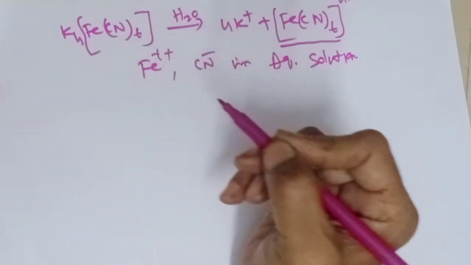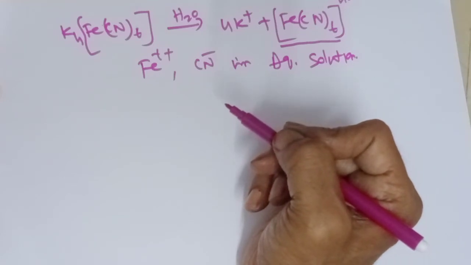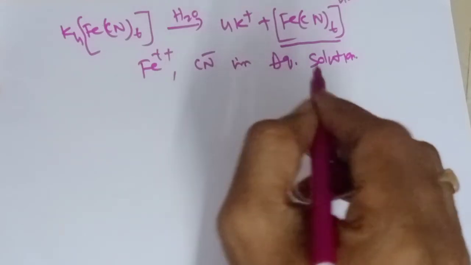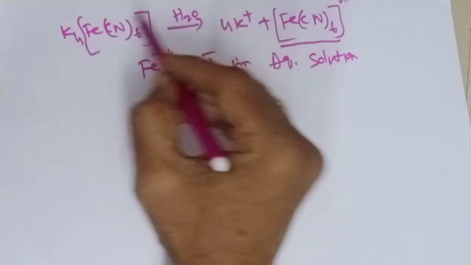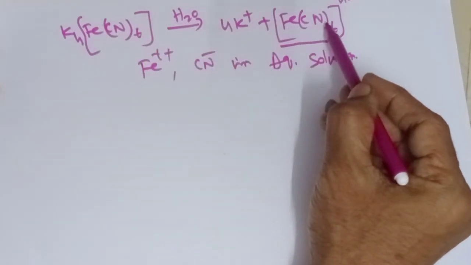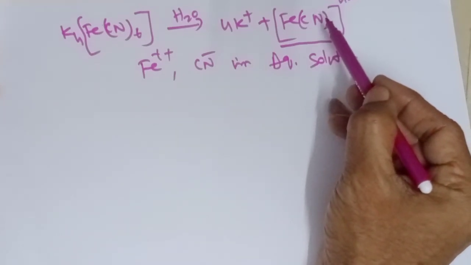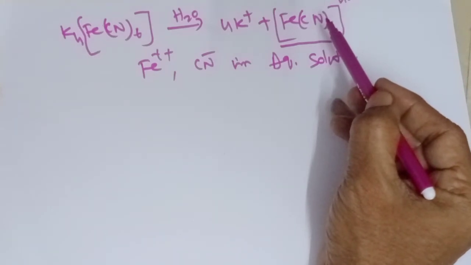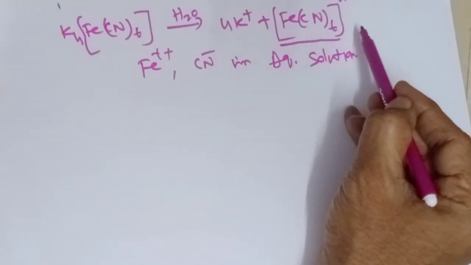Whenever you are supposed to know the difference between double salt and complex: complex exists in solid state as well as in aqueous solution, because in aqueous solution you do not find any ferrous ions or cyanide ions. But a double salt completely dissociates and gives its respective ions, while complex does not give such ions.